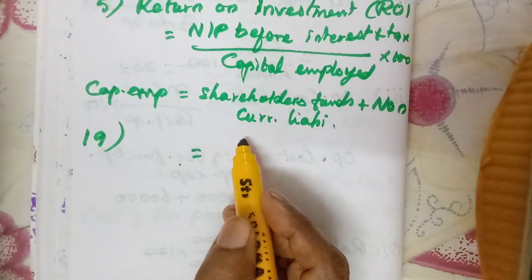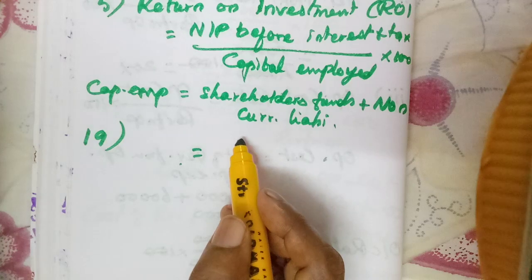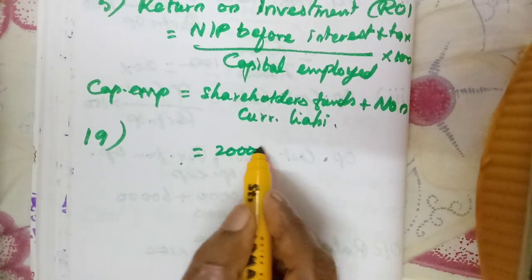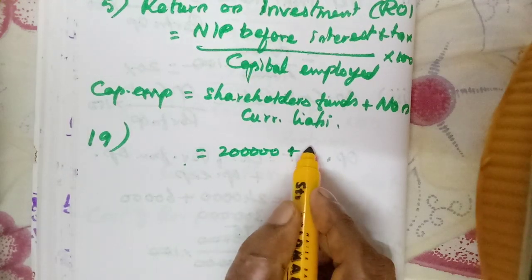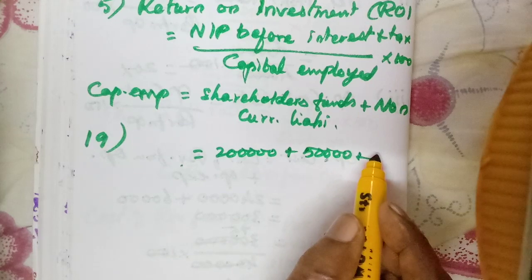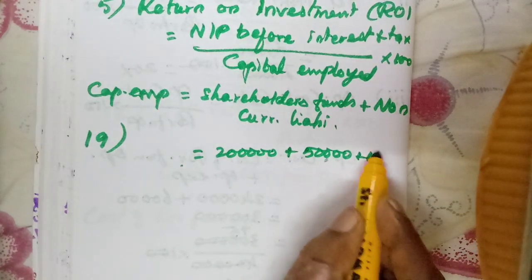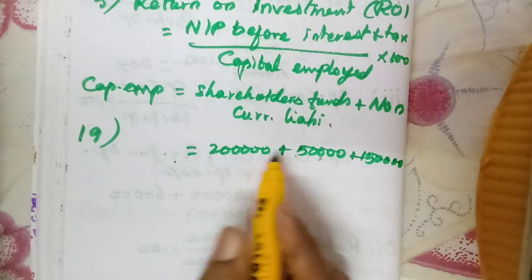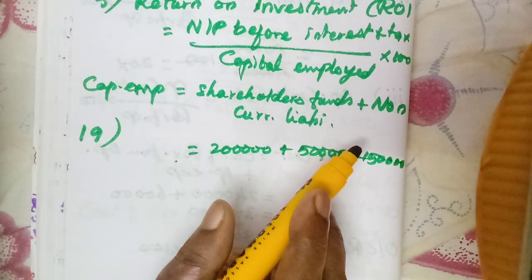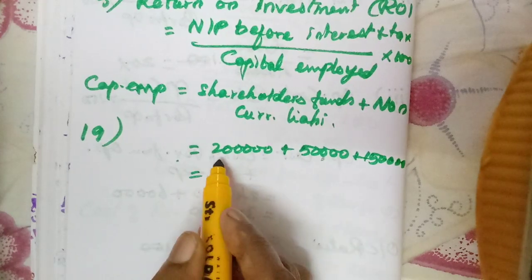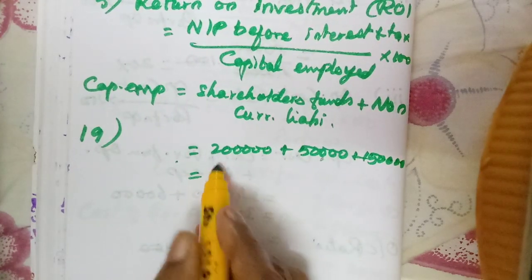Shareholders funds they have given: share capital plus reserves and surplus 50,000, plus long term borrowings 1,50,000. Okay, non current liabilities, that is long term borrowings 1,50,000. How much? 2 lakh, here 2 lakh, 4 lakh.